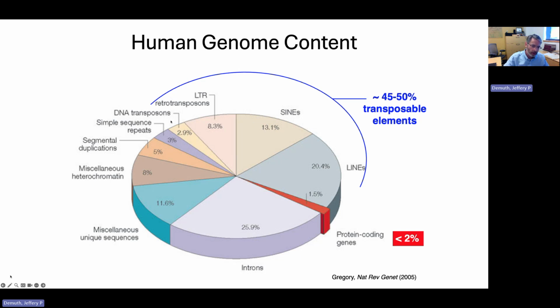DNA transposons, which are cut and paste mechanisms, don't comprise such a huge amount in our genomes. But you can see, compared to how much is protein coding, what we traditionally call functional, which is only like 1.5 to 2% of our genome, it's a huge amount. And so questions arise about, well, is it an important amount? How do we get away with having all this stuff that could be jumping around in our genomes?